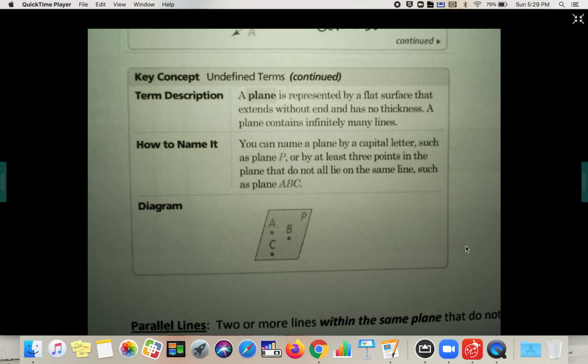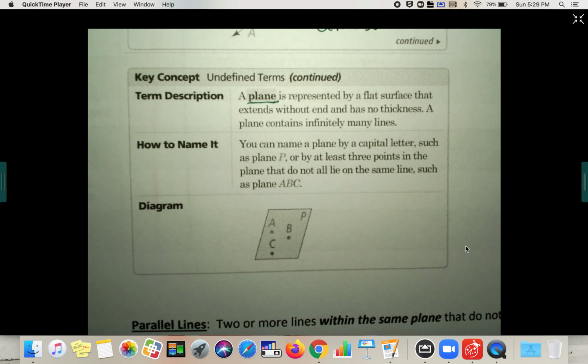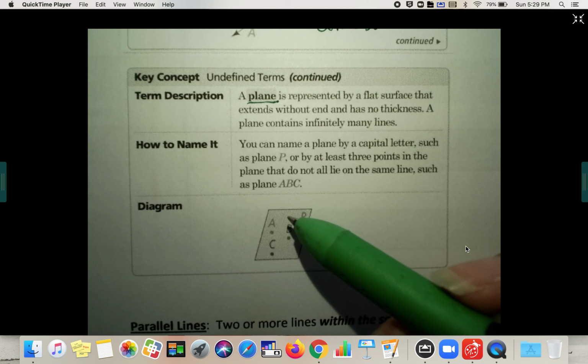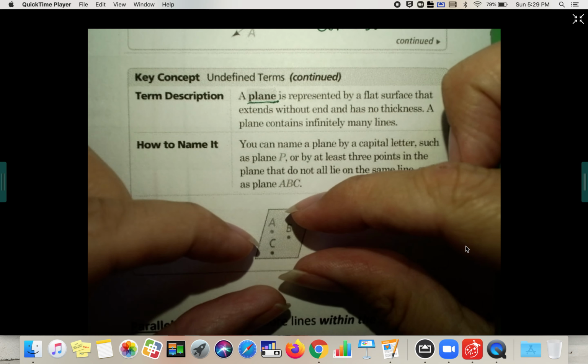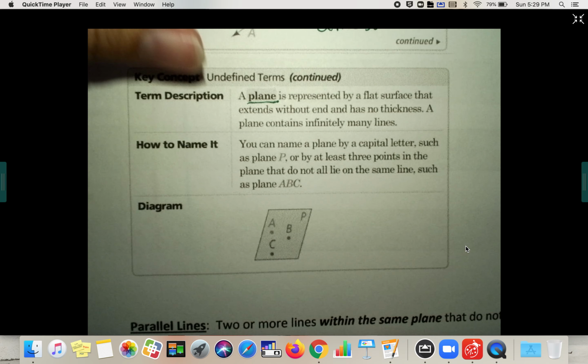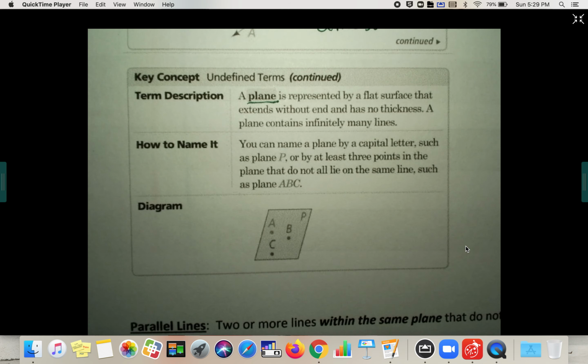A plane is represented by a flat surface that extends without end and has no thickness. It's hard to see with this box, but actually think of it as this box, this plane continues out in all directions. It goes every direction and has no thickness.